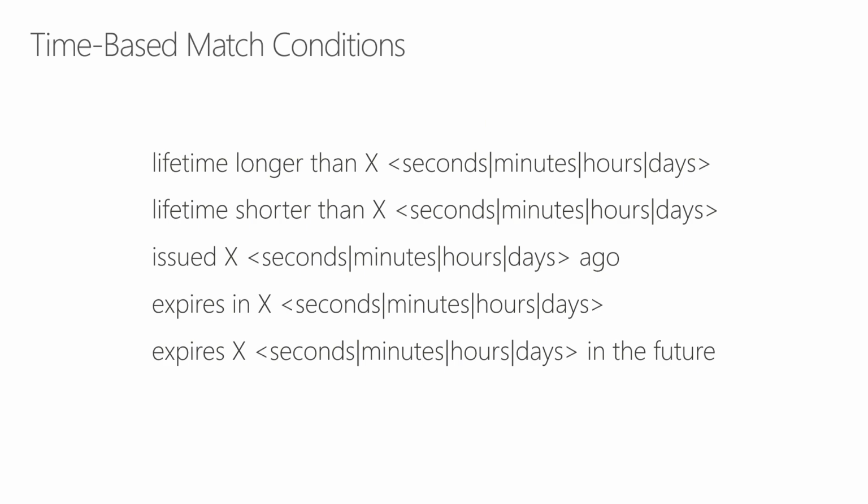Time-based match conditions. Before, I said we can only match on string-based fields, but I'm working right now on time-based match conditions. So the idea is, say someone got to your key and they're generating keys that have a very long lifetime.